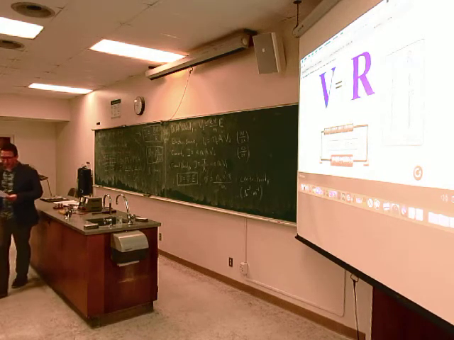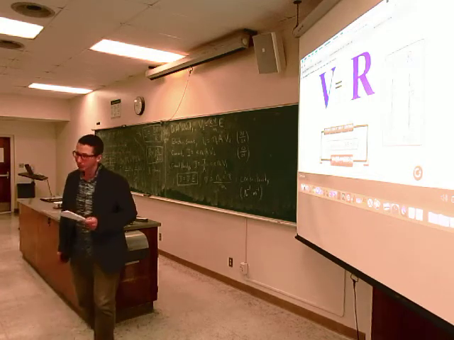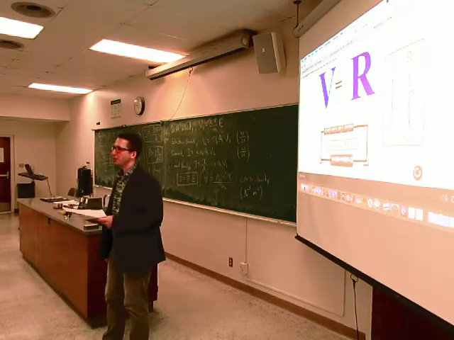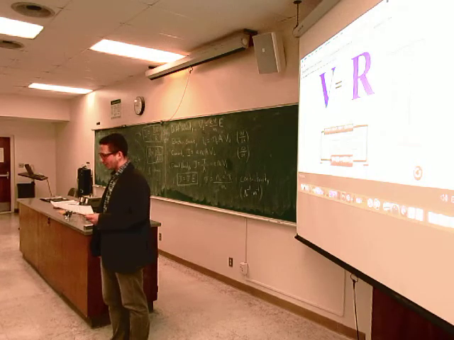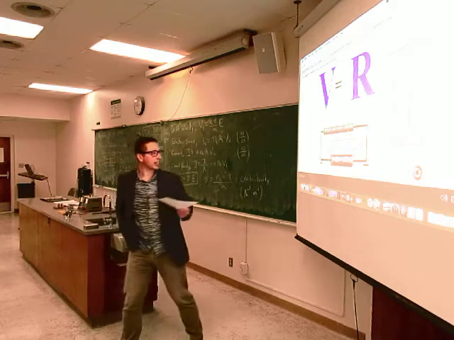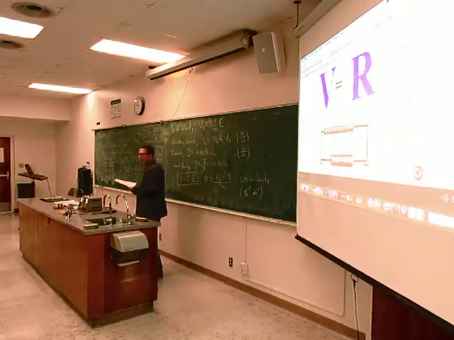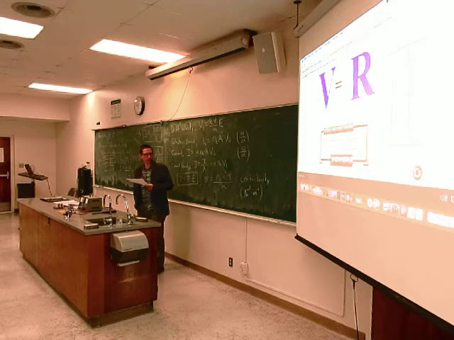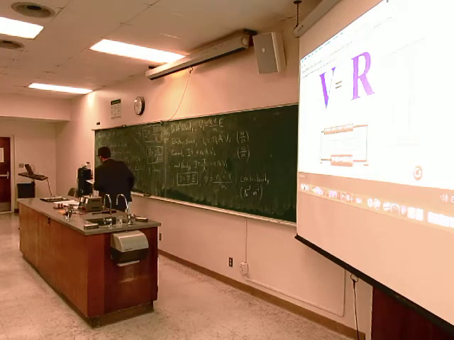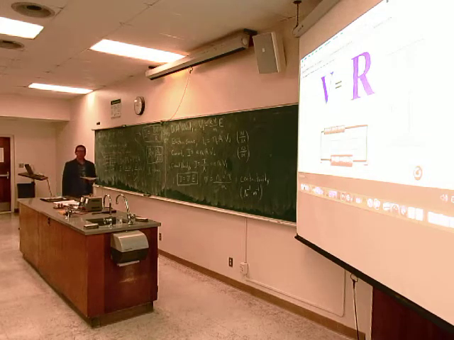So as that's going around, for demonstration number 1, I want you to sketch what's called the current voltage characteristics. So I want you to sketch a resistor. It's similar to this simulation here in that the voltage source is variable. So you can change the voltage up or down.